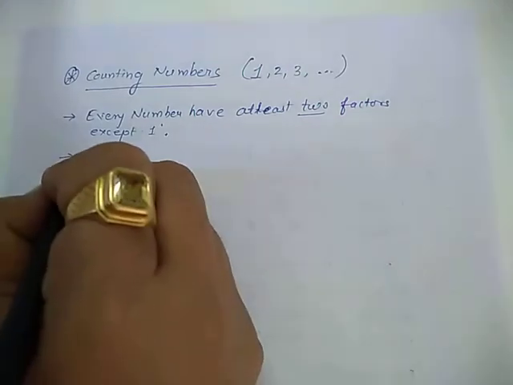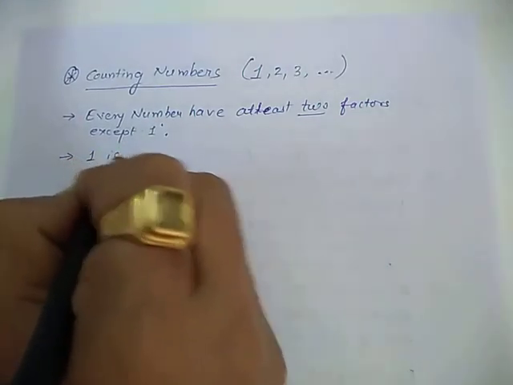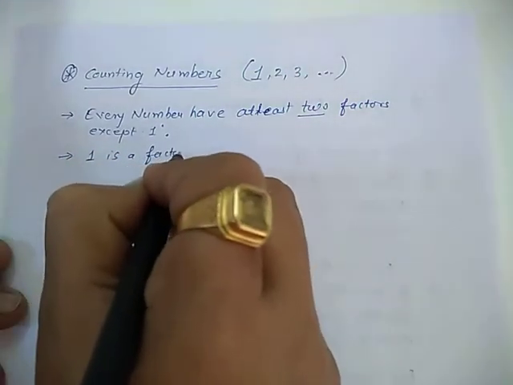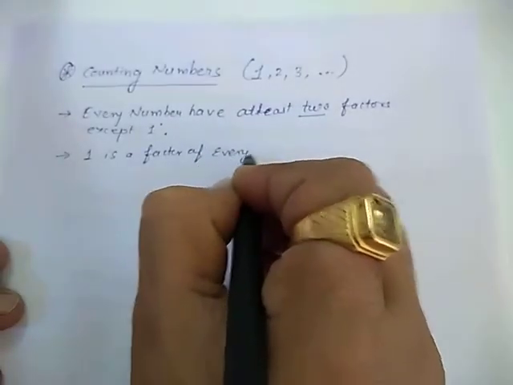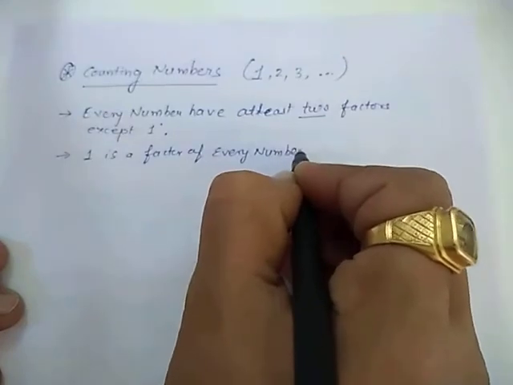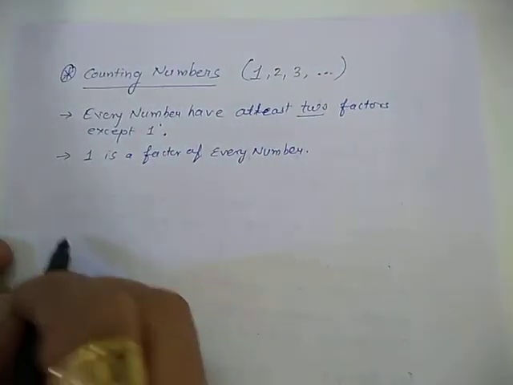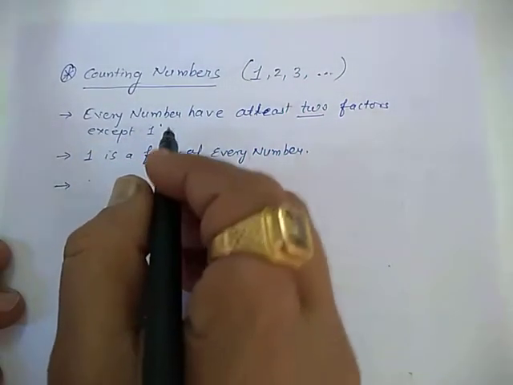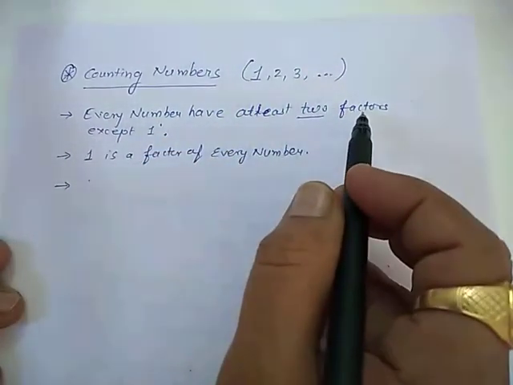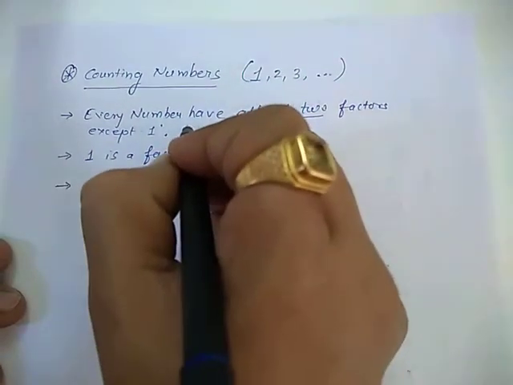Second thing, 1 is a factor of every number. 1 is a factor of every number, and at least two factors we have learned. So which are these two factors?